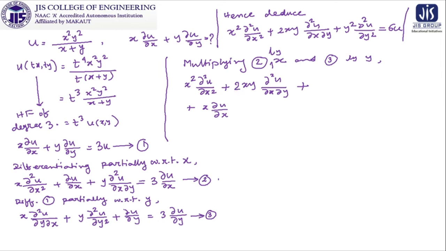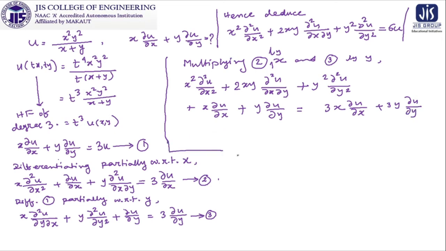Then I am multiplying it by y, so it will be y² ∂²u/∂y², plus I am multiplying it by y, it will be y ∂u/∂y, is equal to, in the right hand side, 3x ∂u/∂x plus 3y ∂u/∂y.